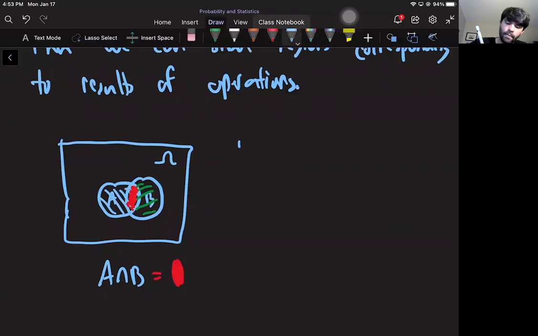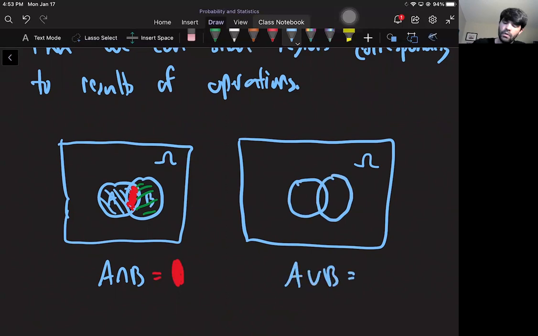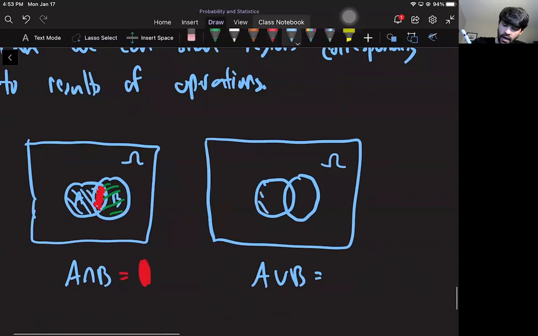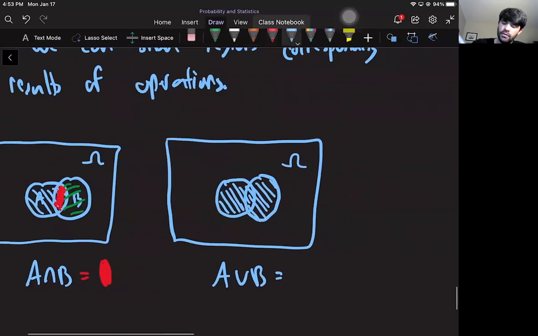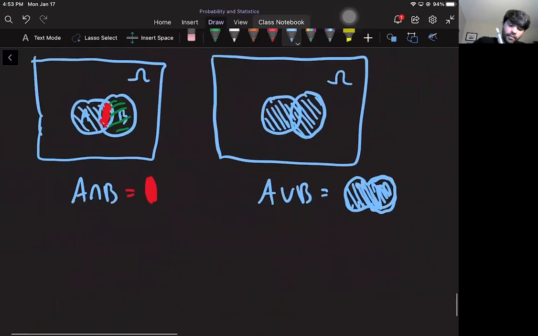Visually, you can also visualize the union pretty well. So what's the union going to be? Well, now I just shade everything in both, and that's the union. So sort of like this whole big thing. It's everything. I can also visualize the complements.